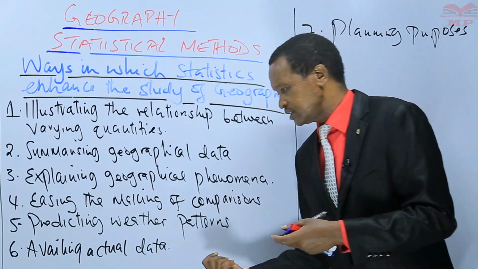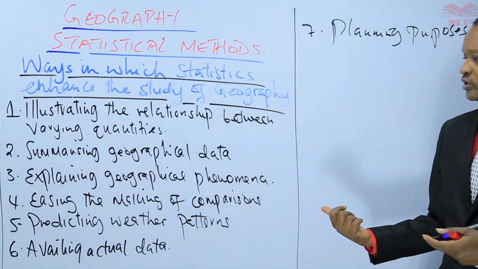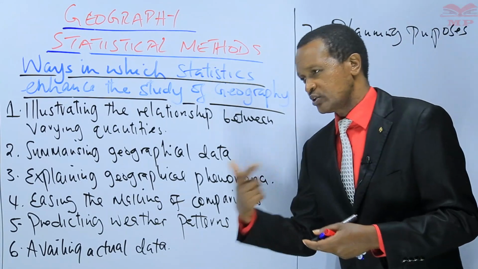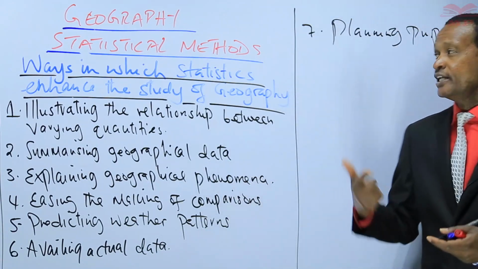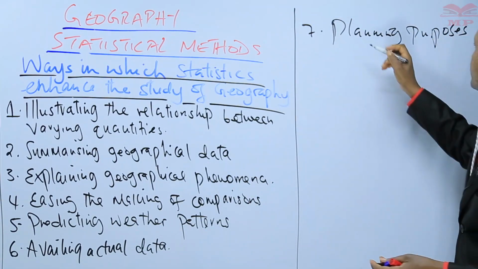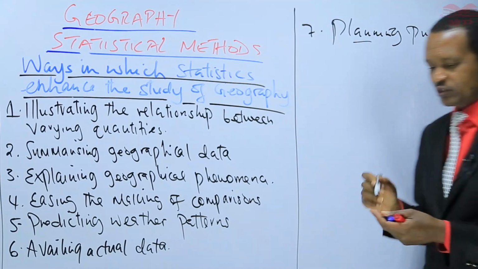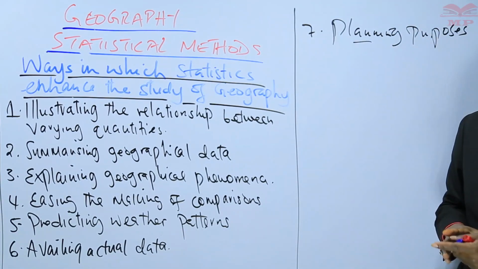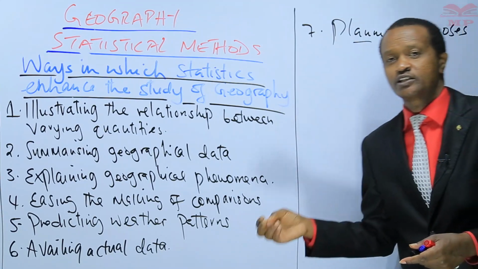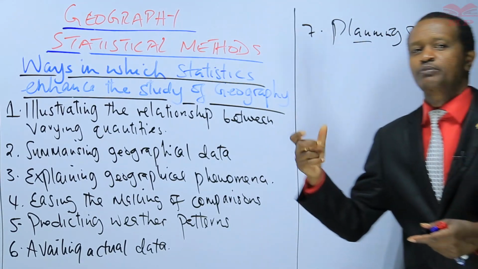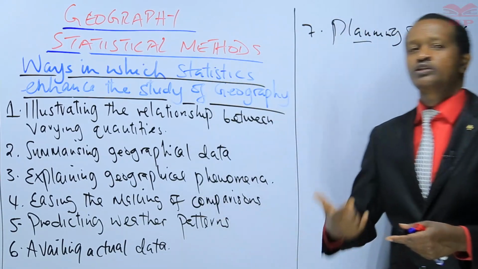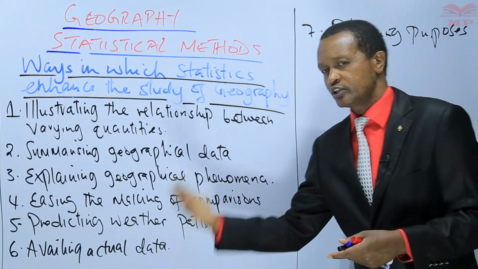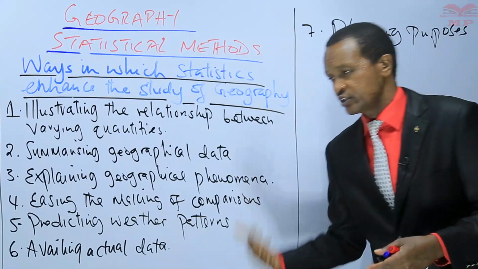And these census figures, learners, which the government carries out from time to time, can be used for planning purposes. The government can use the statistics, that is in form of census, to plan for, say, provision of social amenities like the schools, the hospitals, the roads, and so on.